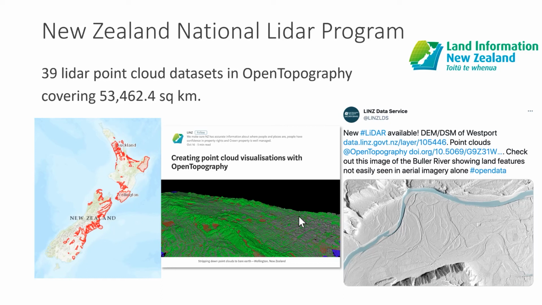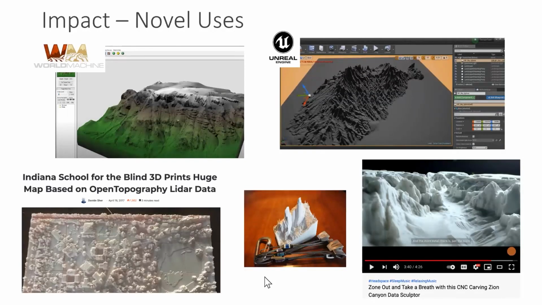And so we have 39 data sets covering 53,000 square kilometers, and you see soon maybe all of New Zealand will be covered, but you see these really beautiful products and science applications, also engineering applications are quite evident. Other novel uses, we see a lot of interest and access in the OpenTopography data for gaming and virtual environments, also in this case tactile learning and 3D printing.